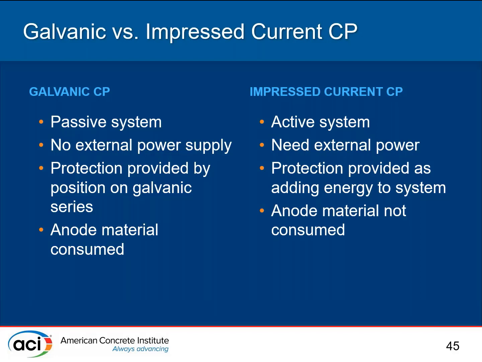Whereas with impressed current, you're providing protection by adding energy to the system. The anode material in general is not consumed. You're getting that energy from outside. In theory, your impressed current system could have a much longer life than the galvanic cathodic protection system. Not always true in reality. You get other things that control its life, like the life of your rectifier, et cetera, just plain old damage to it.